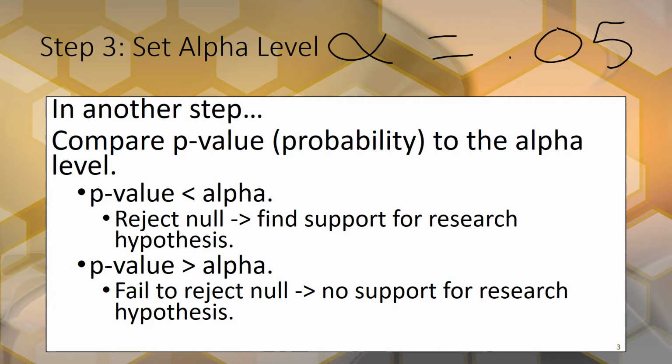Remember, our math is always about the null hypothesis, and we can only really prove something to be false. But because the null hypothesis is in opposition to the research hypothesis, then we can say that we find support for our research hypothesis. I know it's a little strange, but that's how you have to do it, because the math and the p-value is really about the null hypothesis.